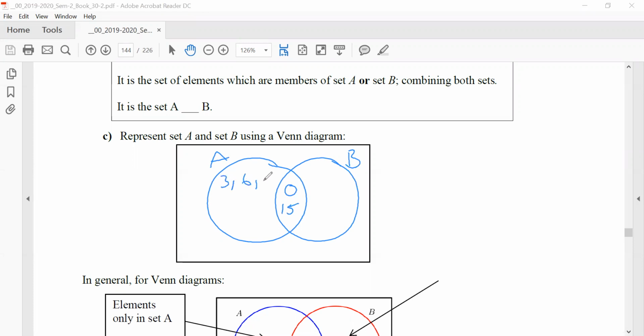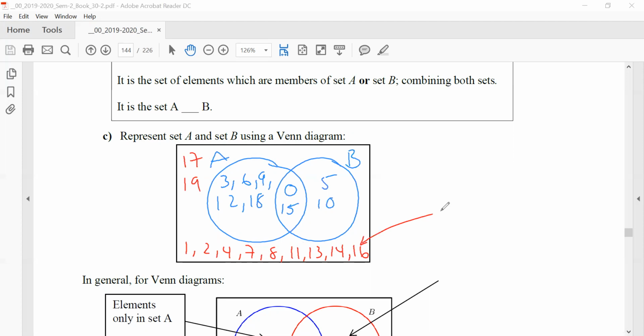So 3, 6, 9, 12, 18. And over here, we just had 5 and 10. Okay, but if we're considering the set of numbers from 0 to 20, guess what? Out here on the outside, we're missing some numbers. 1, 2, 4, 7, 8, 11, 13, 14, 16, I'm running out of room, 17, 19, okay?